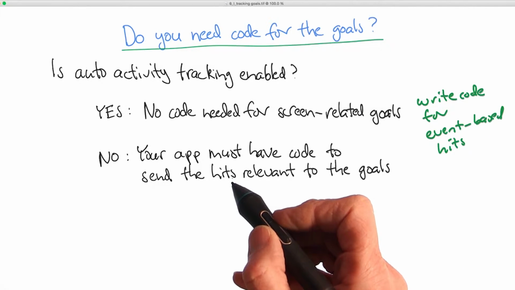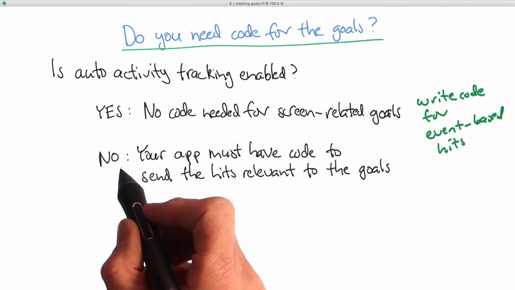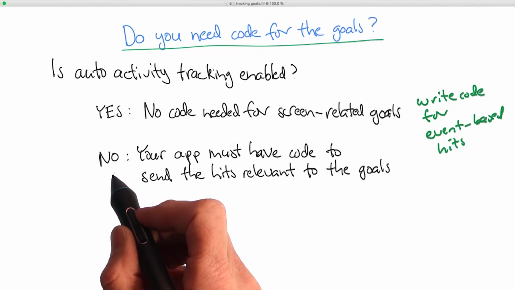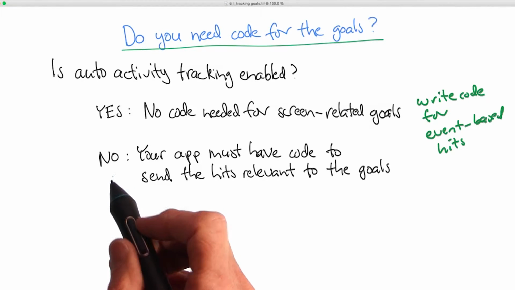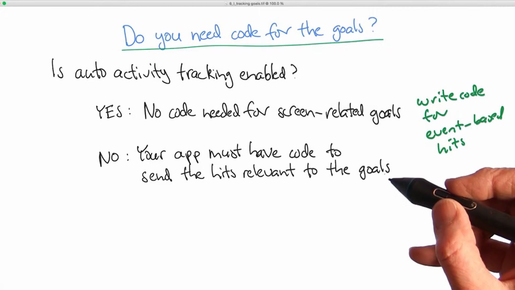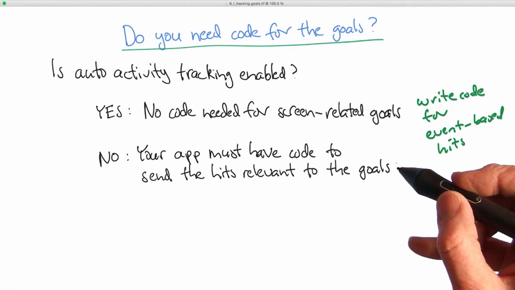If auto activity tracking is not enabled, then your app must have the code to send the hits that analytics needs to figure out if the goals are met or not, and that includes screen view hits. Because if auto activity tracking is not enabled, analytics won't get screen view hits other than the ones that get explicitly sent by the app.